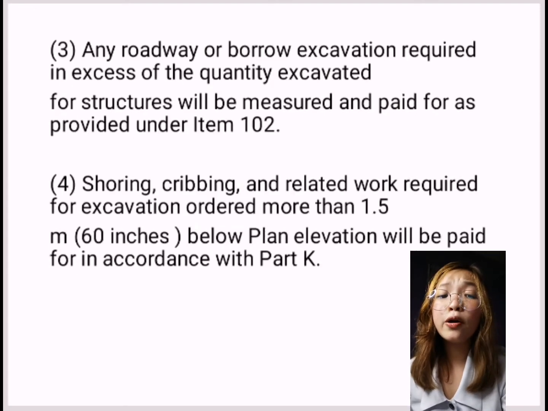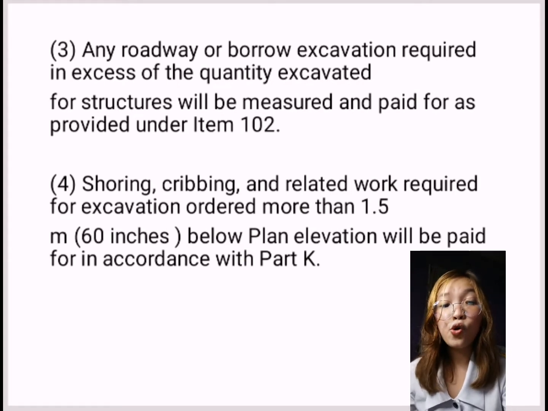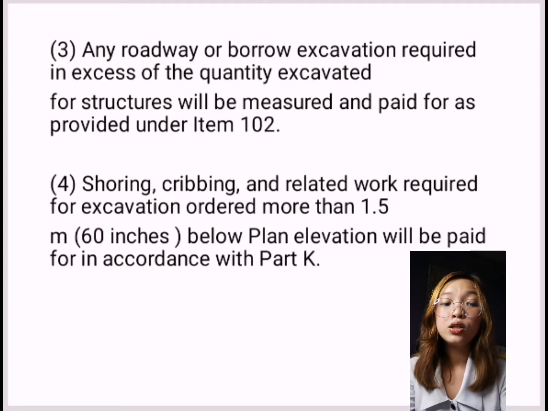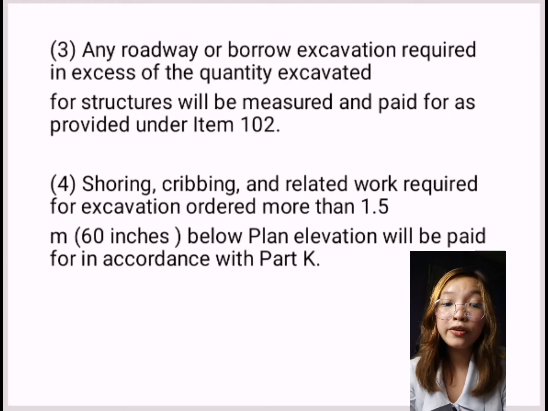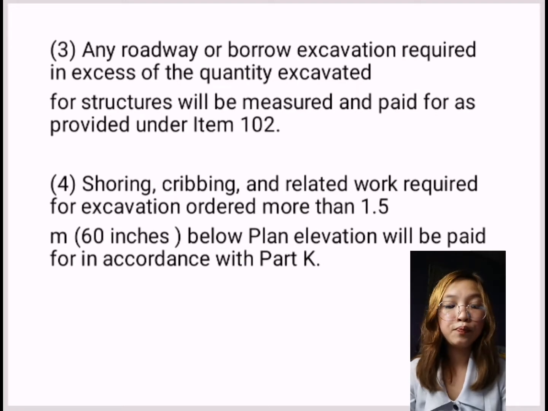Any roadway or borrow excavation required in excess of the quantity excavated for structures will be measured and paid for as provided under item 102. Fourth, shoring, cribbing, and related work required for excavation ordered more than 1.5 meter or 60 inches below plan elevation will be paid for in accordance with Part K.